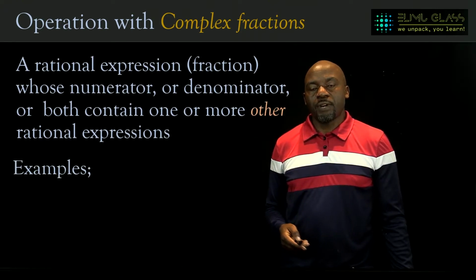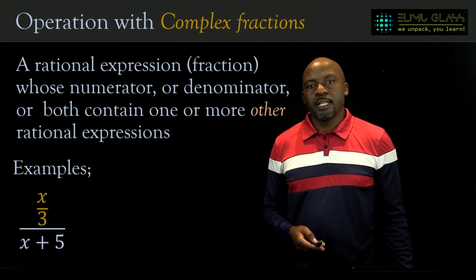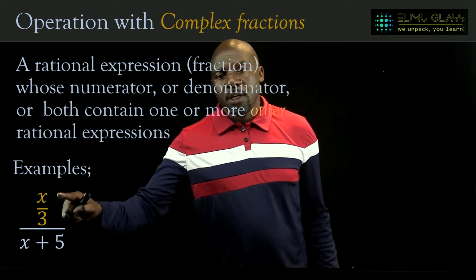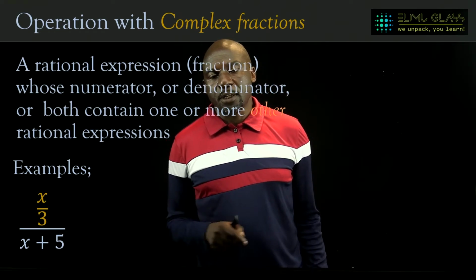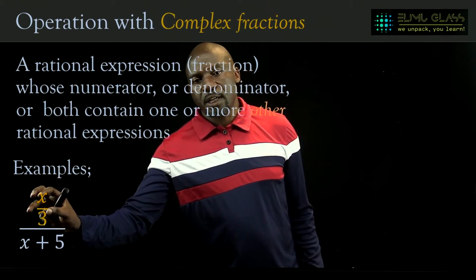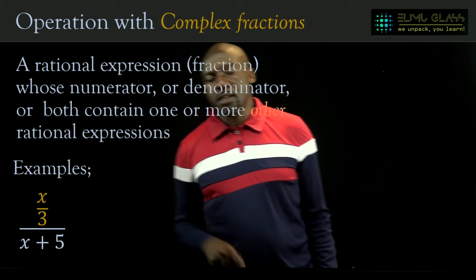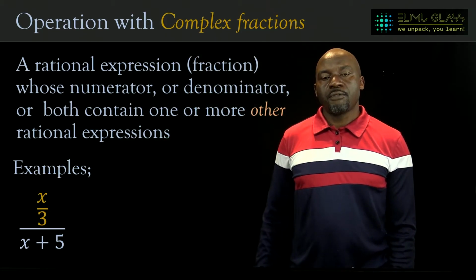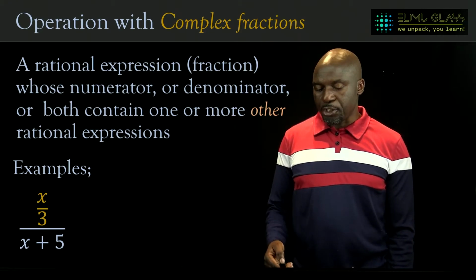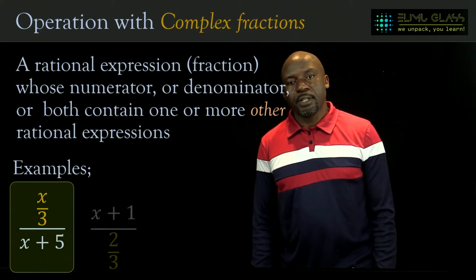What am I saying? Here is an example of a complex fraction. You can see here is a fraction in which the numerator is a fraction in itself. So we have a numerator as a fraction over a denominator like that. That's a complex fraction or a multi-level fraction. Here's another example.